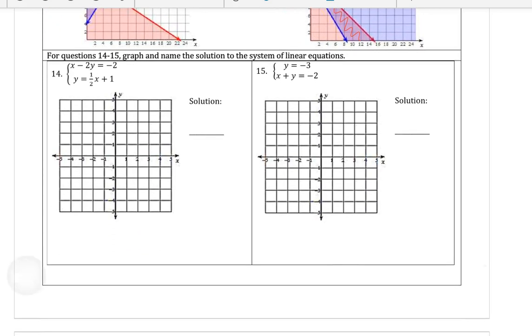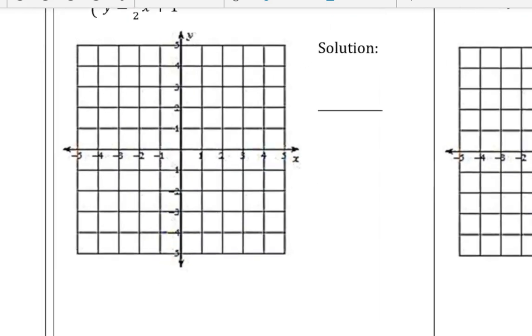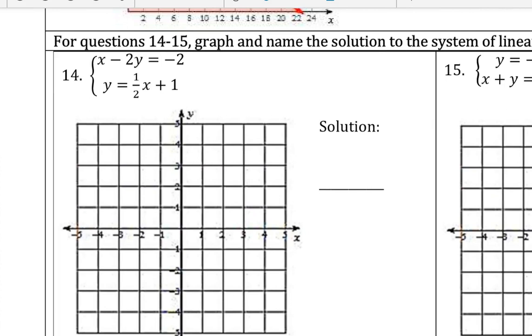Looking down here, we're going to graph and name our solution. So for our top one, we've got to get our y by itself. So I'd subtract x from each side. Divide everything by negative 2.